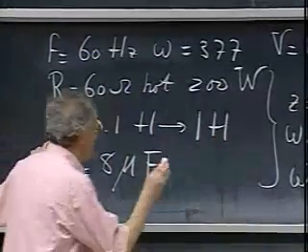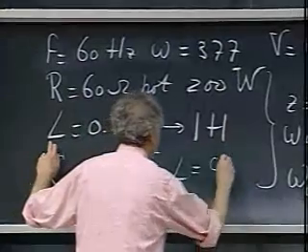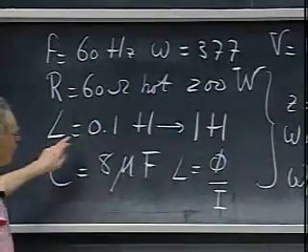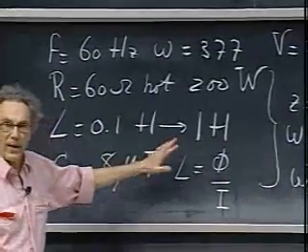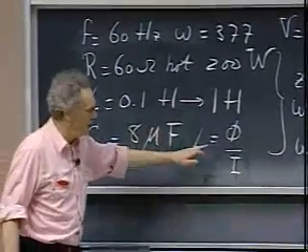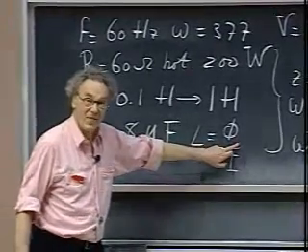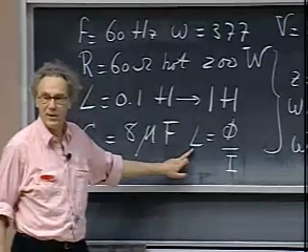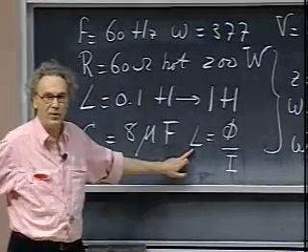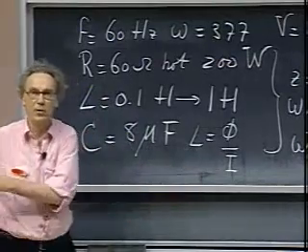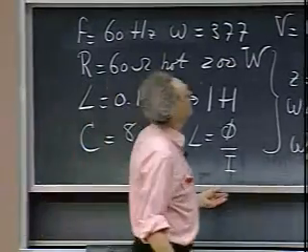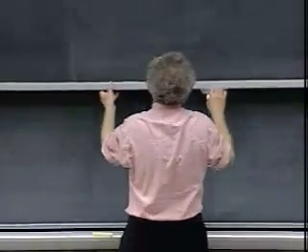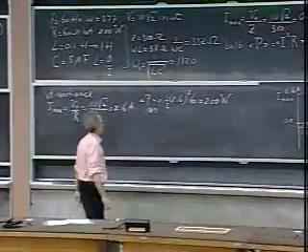Because remember, the meaning of self-inductance is the flux divided by the current in the solenoid. And so if you bring in ferromagnetic material with a kappa M of 10, then the flux goes up by a factor of 10. The current remains the same, and therefore your self-inductance goes up by a factor of 10. So you see that you can make a variable self-inductance by bringing in ferromagnetic material and by removing it again. And so the question now is, how high should L be to get on resonance?